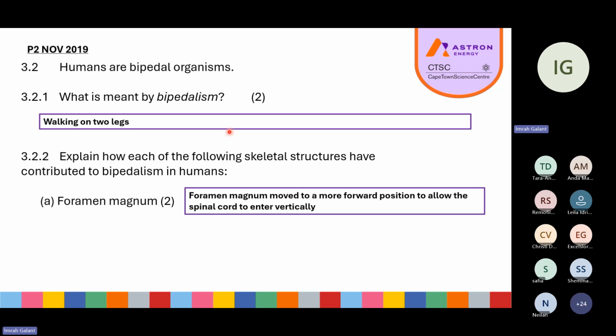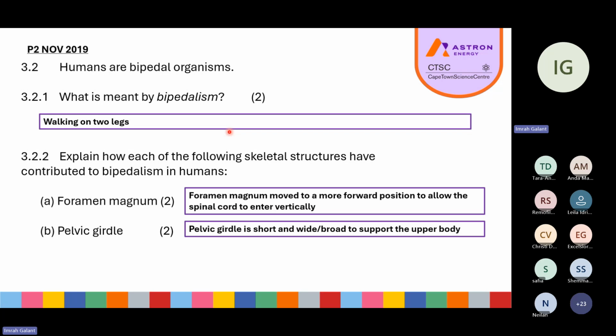A more forward position of the foramen magnum allows the spinal cord to enter more vertically. If the foramen magnum is in a more backward position, that means the person or the primate might be more quadrupedal.